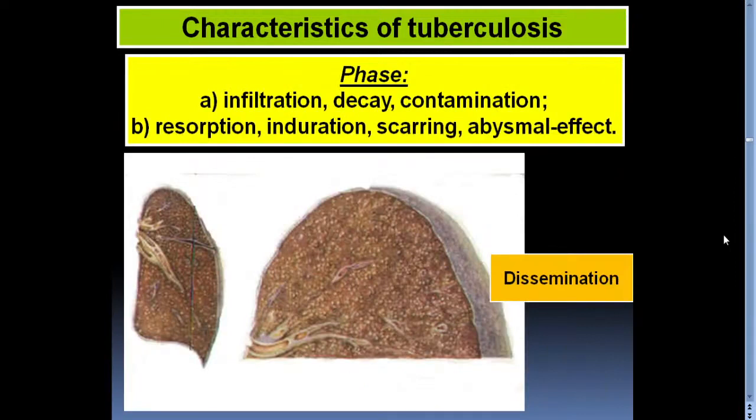Next characteristic of tuberculosis: phase of process. All phases we can divide into 2 variants. First, phases of progression of the process, and second, phases of regression. Phases of progression: infiltration, decay, contamination.